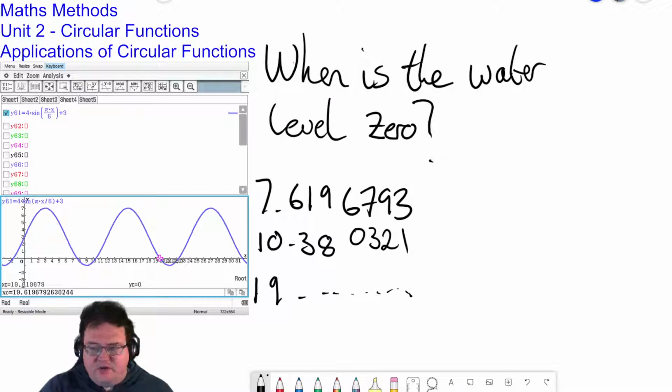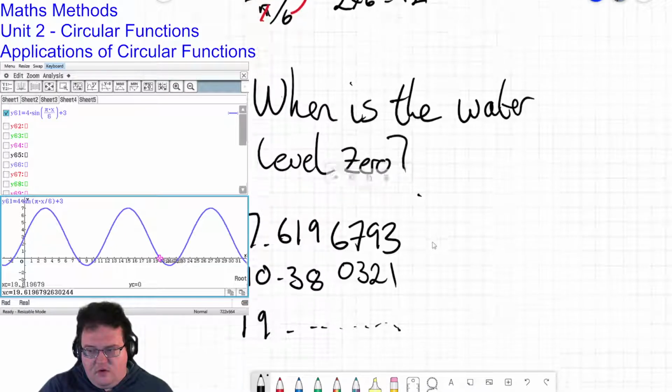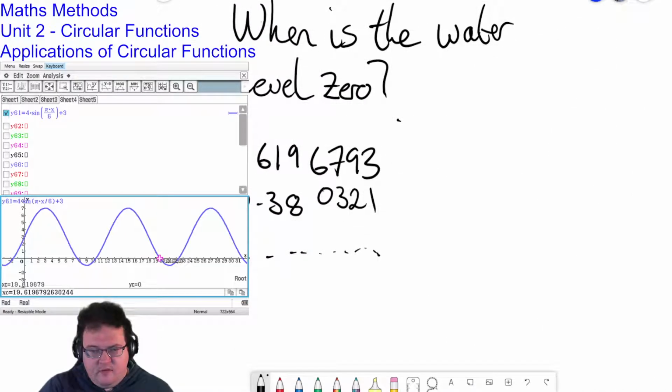Think about the period of the graph. When does the graph repeat itself? It repeats itself every 12 hours. Therefore, of course, the intercepts are going to be 12 hours apart from each other.